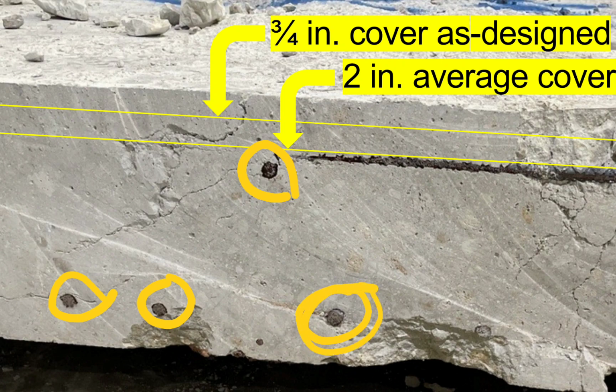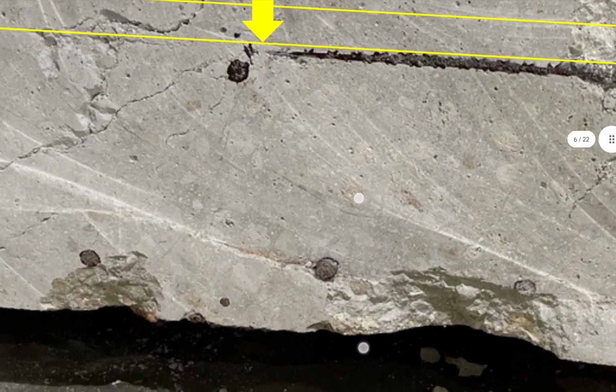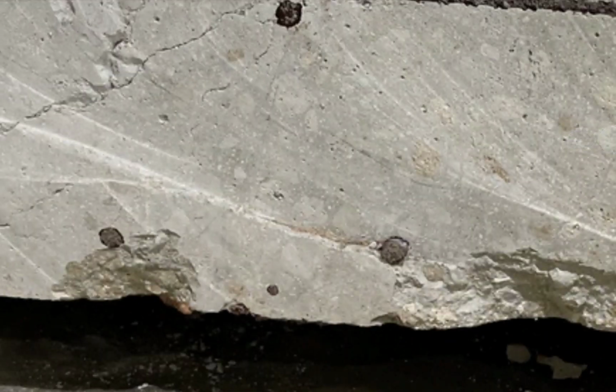This is the one that's worth zooming in on. It looks like it might be a little bit of separation right there. That looks tight. This one looks a little bit loose. This one's tight. Okay, if you could zoom in on the top of it.